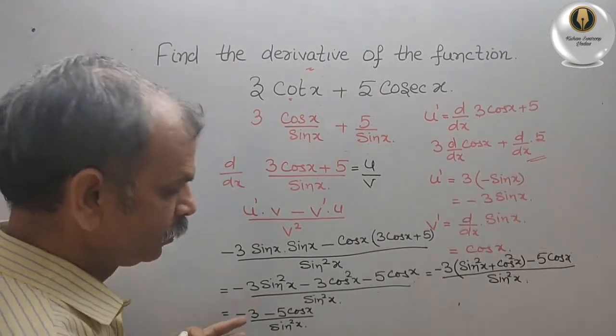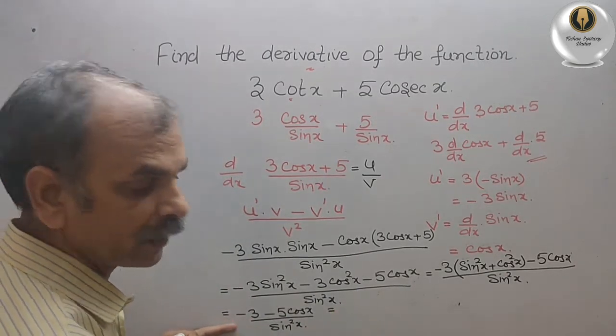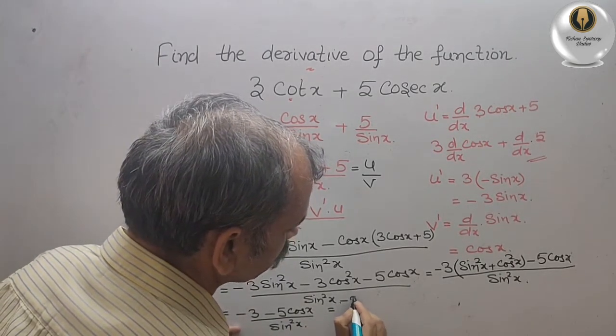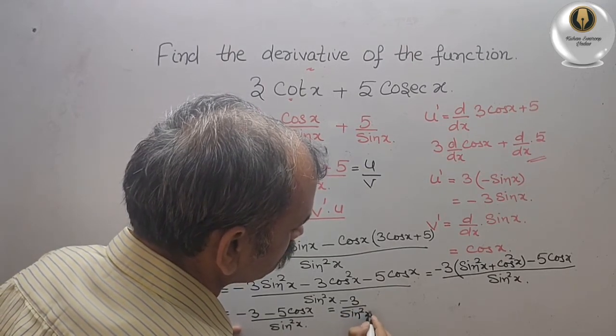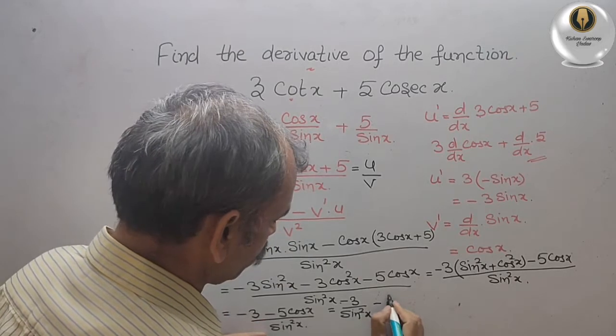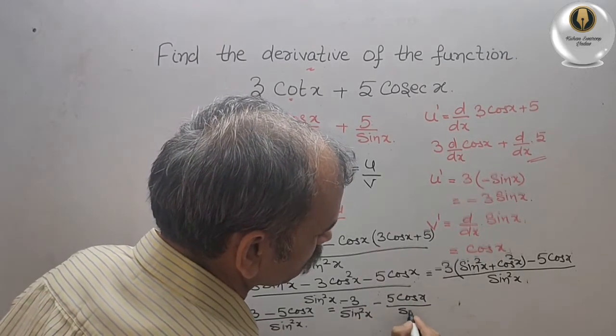Now split it. What will we get? We will get minus 3 by sin square x and minus 5 cos x by sin square x.